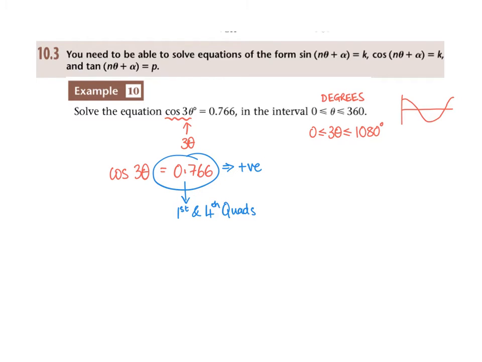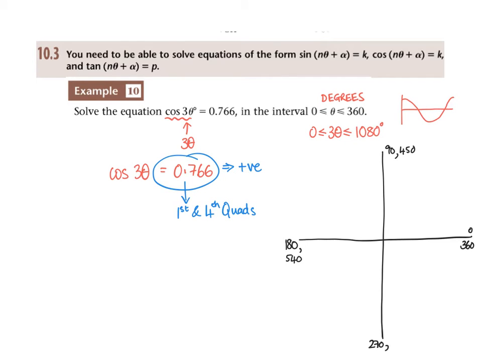Now drawing the quadrant system, we're going to have to go around this 3 times. So 0, go around this again, gives us 450, 540, 630, 720. We've got to go round again.